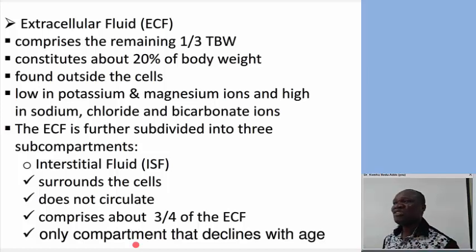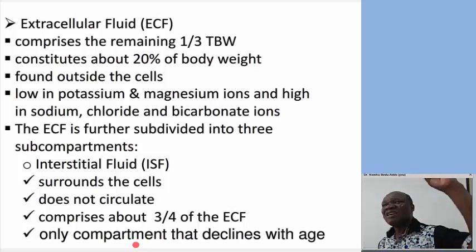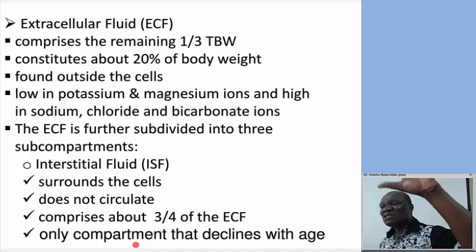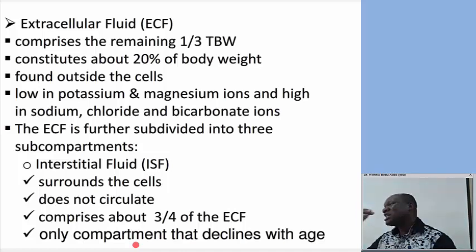Remember, I mentioned that the total body water depends on age. It's high in infants, about 73% of the total body weight is water, and this declines to about 60% in an adult. The decline is due to the decline of the interstitial fluid. So it's the only fluid compartment that declines with advancing age.